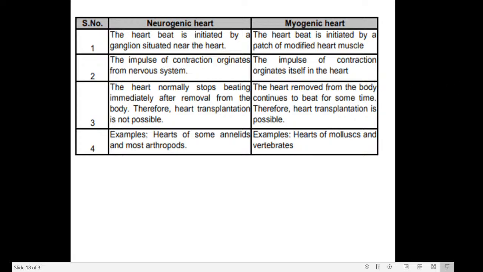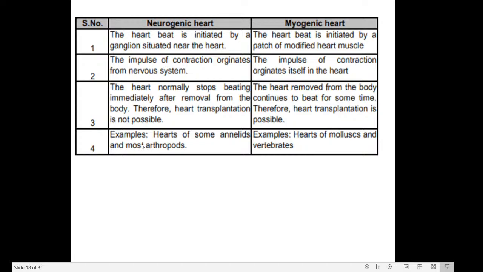Another thing is that the neurogenic heart normally stops beating immediately after removal from the body, so heart transplantation is not possible, while heart transplantation is possible in the myogenic heart.